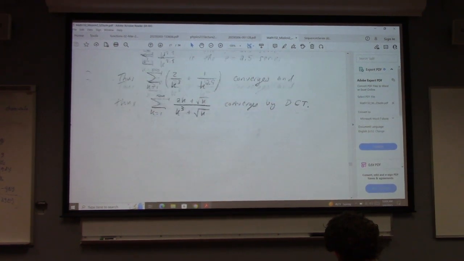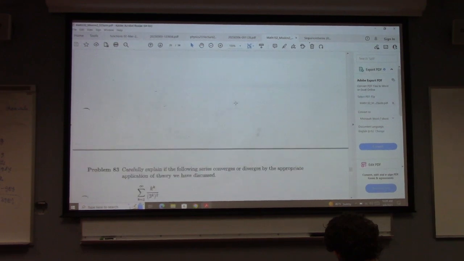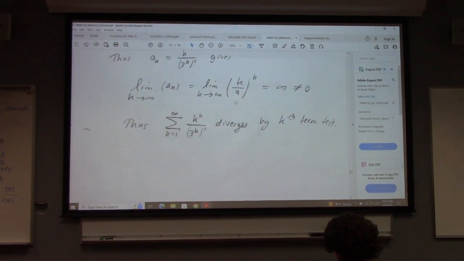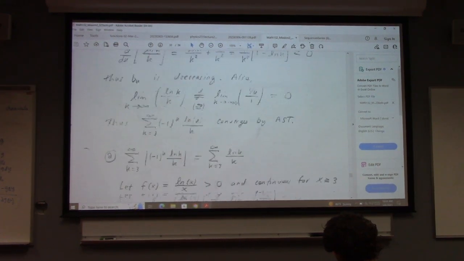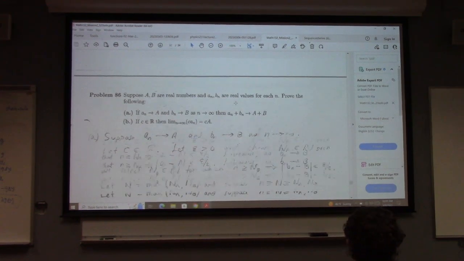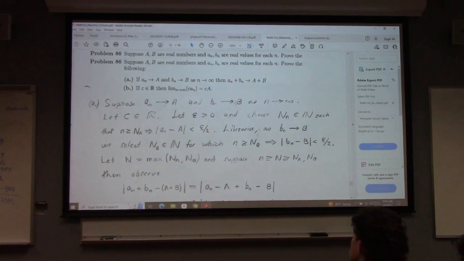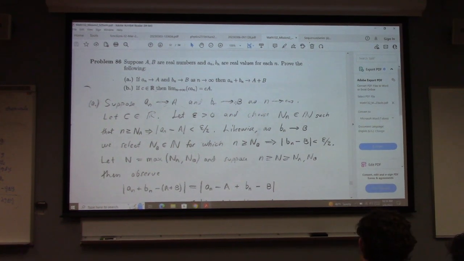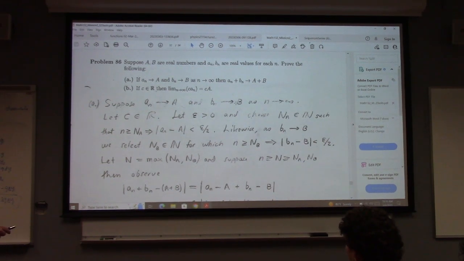It's like 87 or 89. So here's the proof that the limit of a sum is the sum of the limits. You should look at this. It's a problem in your homework.